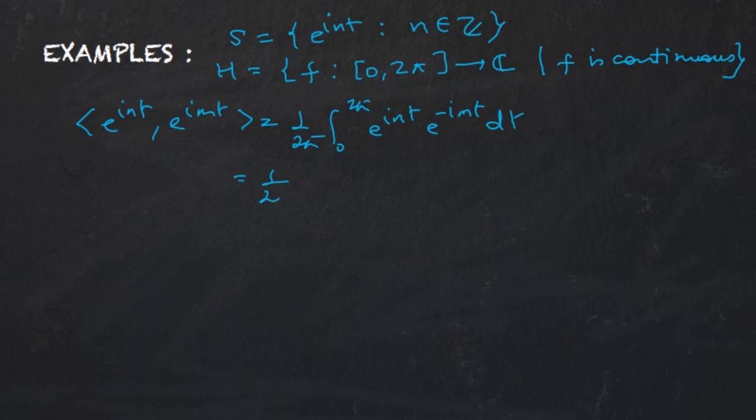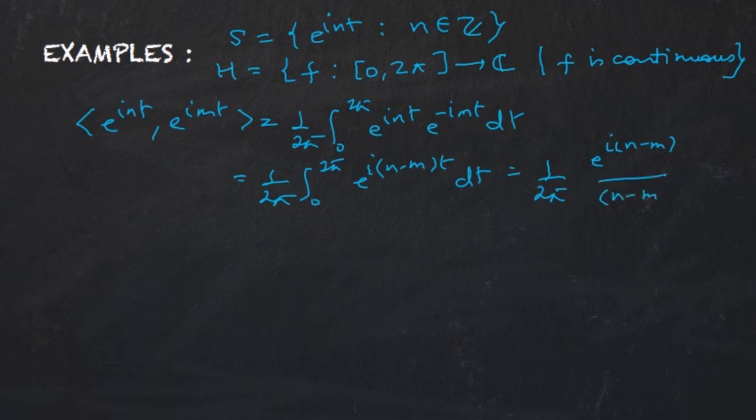So now this is equal to 1 by 2 pi, integration 0 to 2 pi, e to the power i(n minus m)t dt, and this is equal to 1 by 2 pi, e to the power i(n minus m)t divided by i(n minus m), from 0 to 2 pi.